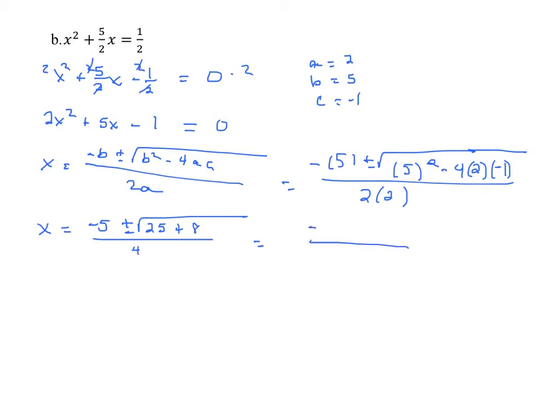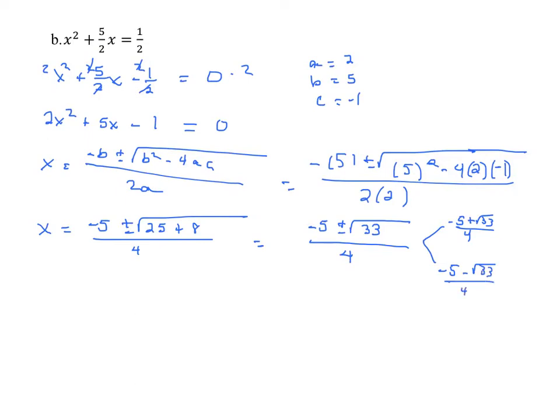So negative 5 plus or minus the square root of 33 all over 4. There are two solutions here, negative 5 plus the square root of 33 over 4, and negative 5 minus the square root of 33 over 4.